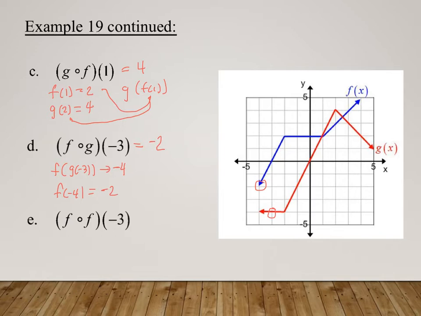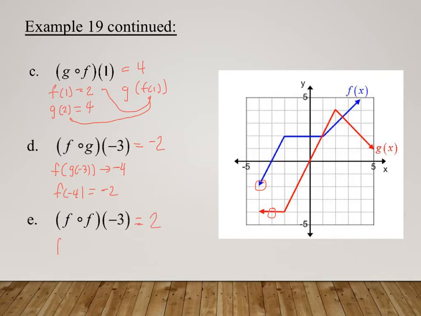So the last problem is f of f of -3, so I'd like you to pause and try that one. So here you should have gotten a 2.